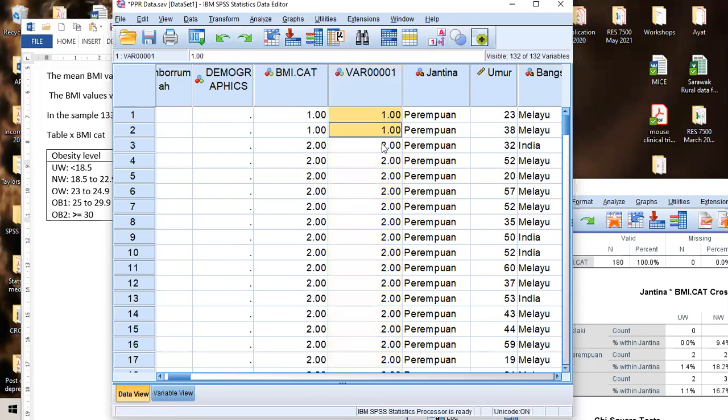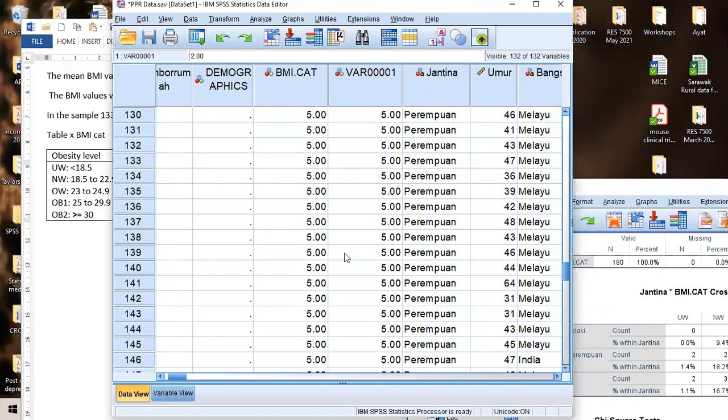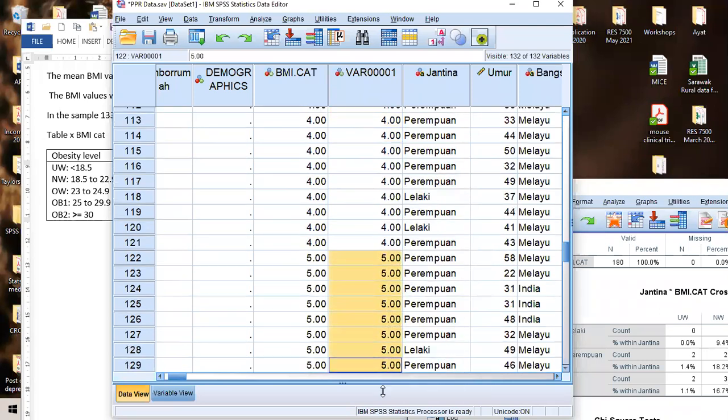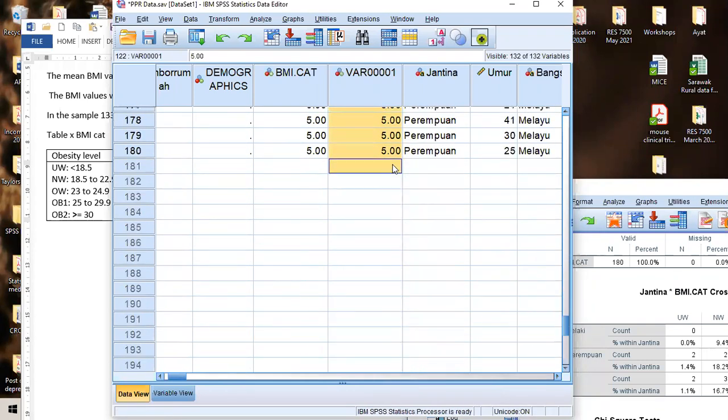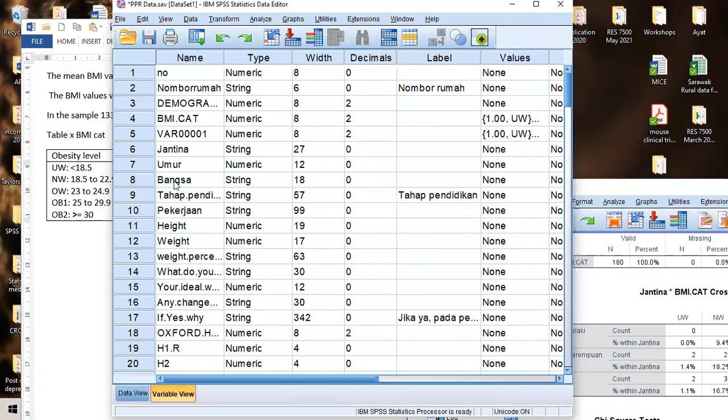So this I'm going to combine with these two. All right. And the last 4 and 5 are going to combine together because they're already obese. 4 combined here. Right. So I change this to variable name, obese. How many levels now? 3 levels. Okay, obese 3.